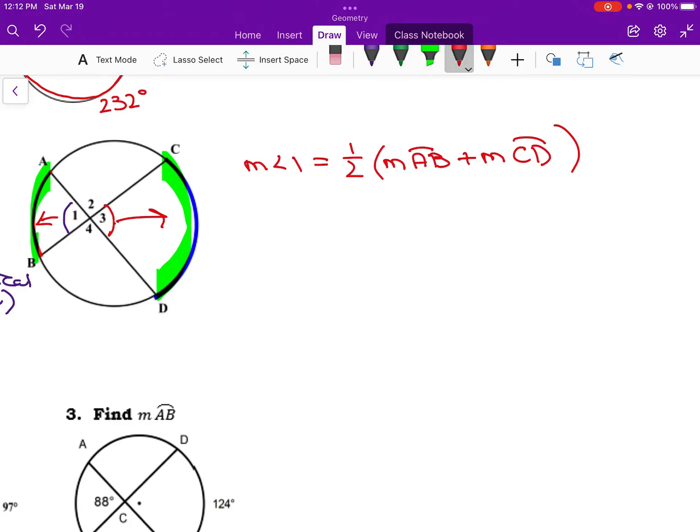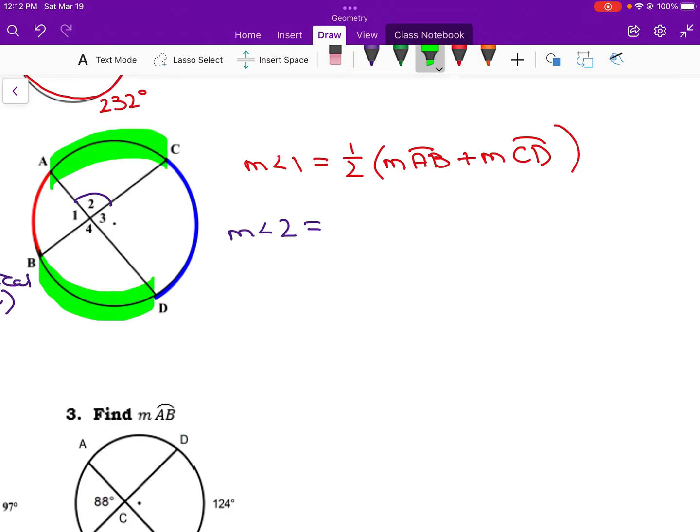If I were to look for angle 2, let's shift gears to finding this guy instead. Measure of angle 2. Now I'm taking 1/2 of the sum of this arc with this arc. Again, it's the arc across from it, and then the arc across from its vertical angle.